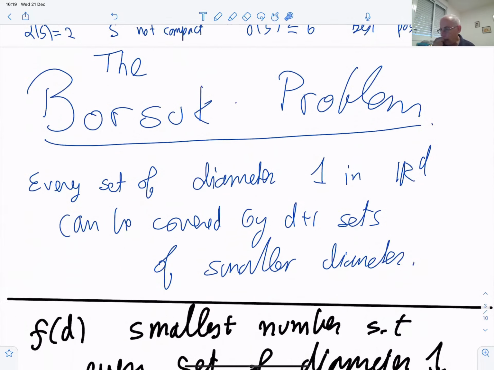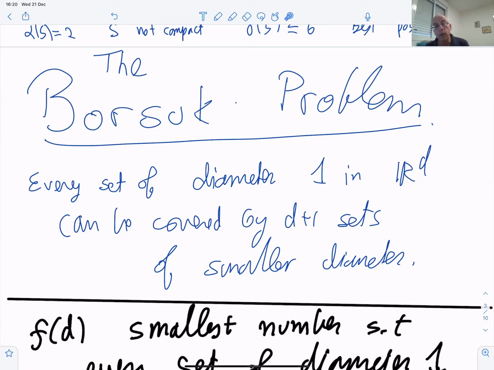And now I want to move to the main topic of today, which is the Borsuk problem. And this is again a problem about covering sets with sets. The Borsuk conjecture says that every set of diameter 1 in R^d can be covered by d+1 sets of smaller diameter.